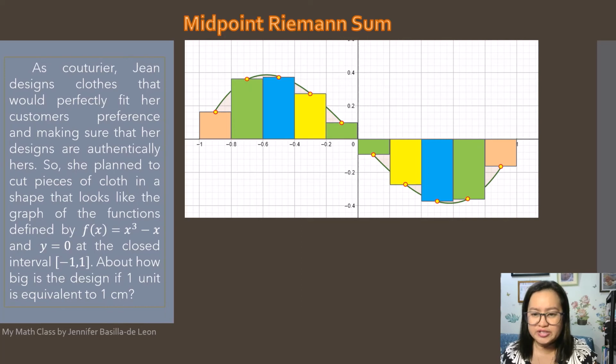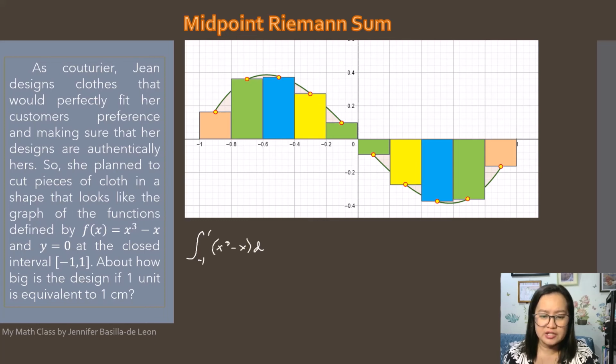Now, in order to save time, using the definite integral, we will have the closed interval from -1 to +1, and then the function x cubed minus x dx.